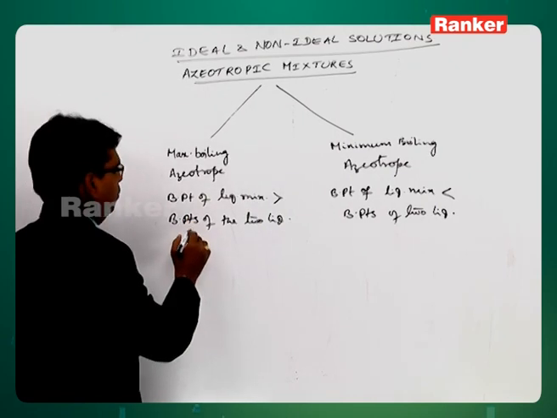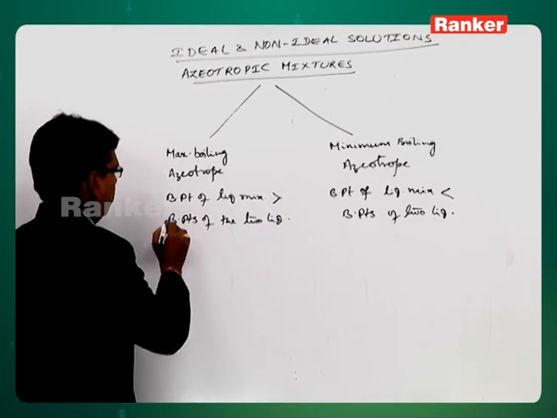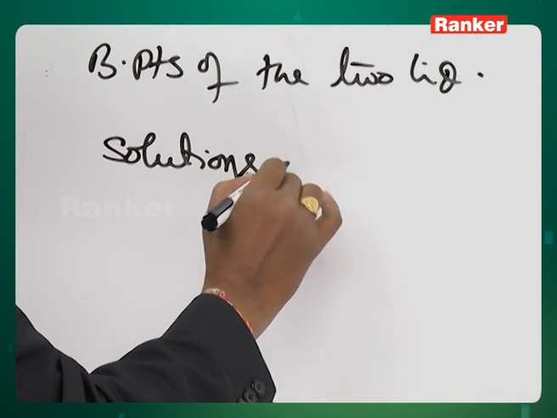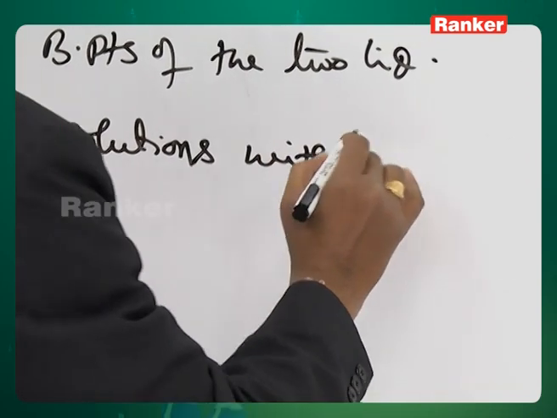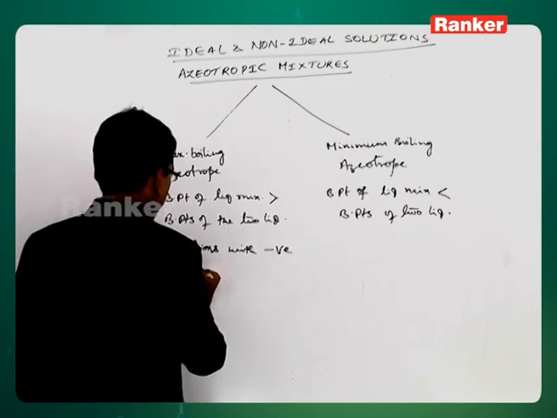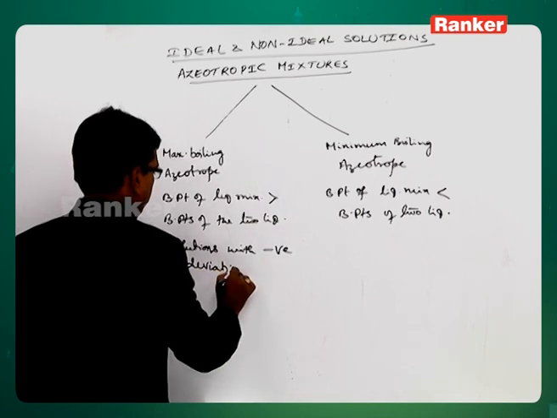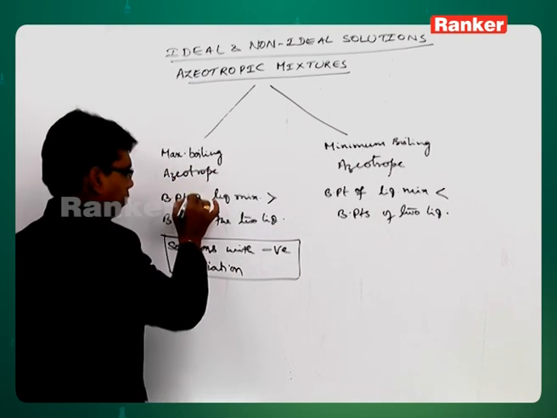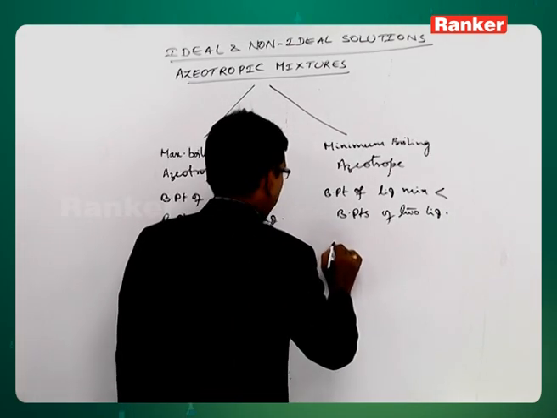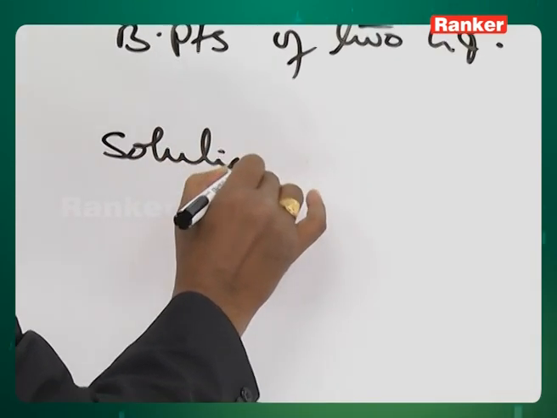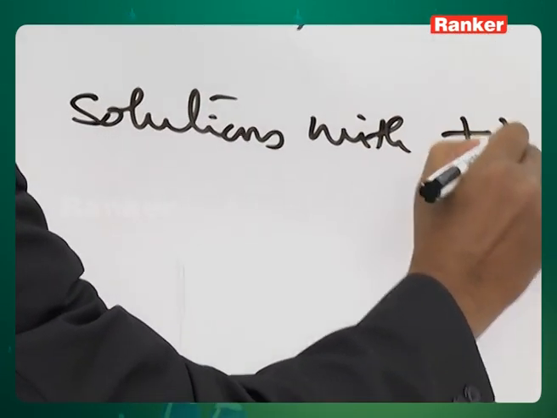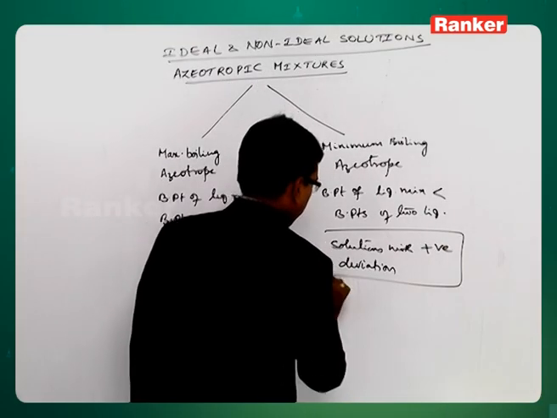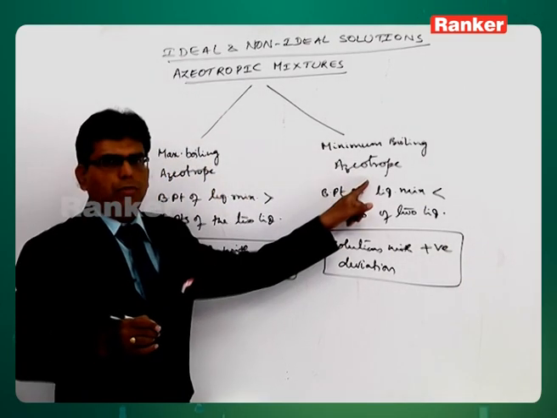So this maximum boiling azeotrope is formed by solutions with negative deviation. Non-ideal solutions with negative deviation will form maximum boiling azeotrope, and solutions with positive deviation will give minimum boiling azeotropes.